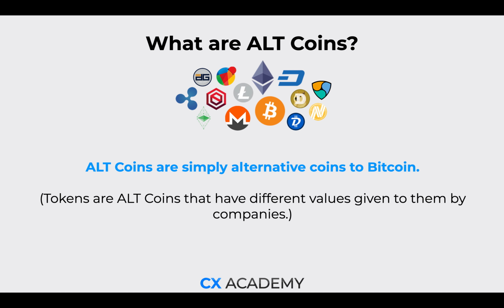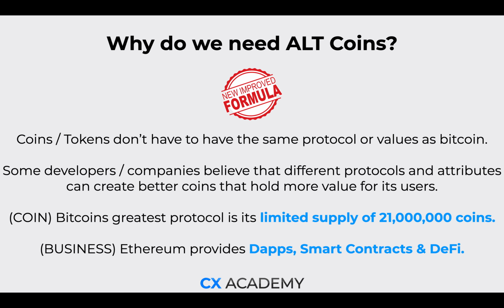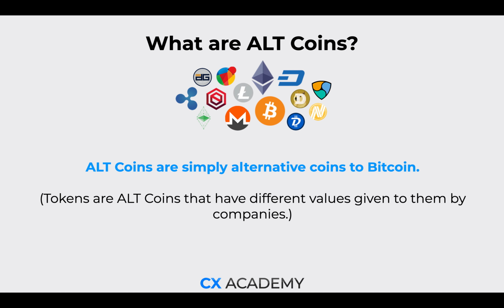However, they may not be coins themselves, okay? They may be tokens, or, a new word, they may be stable coins. Okay, now we are going to look at stable coins when we learn about Ethereum. However, just knowing that they are there is good enough for now. So there's stable coins and there's tokens.